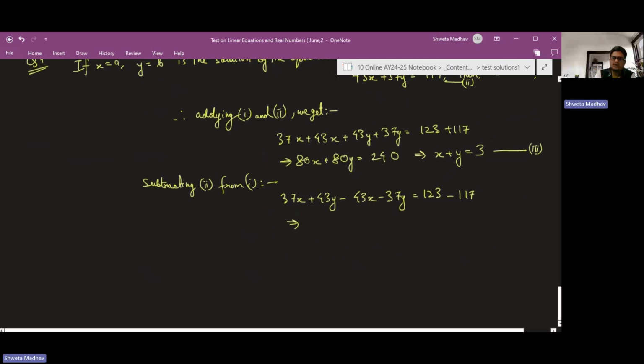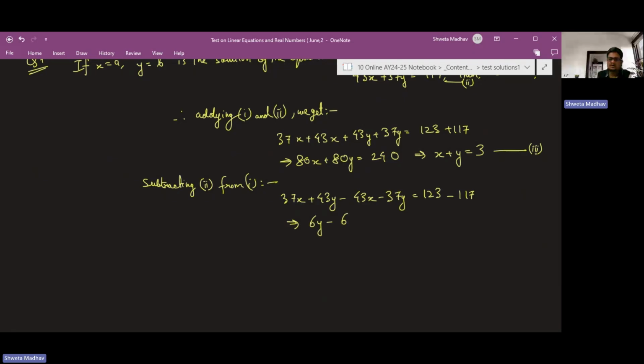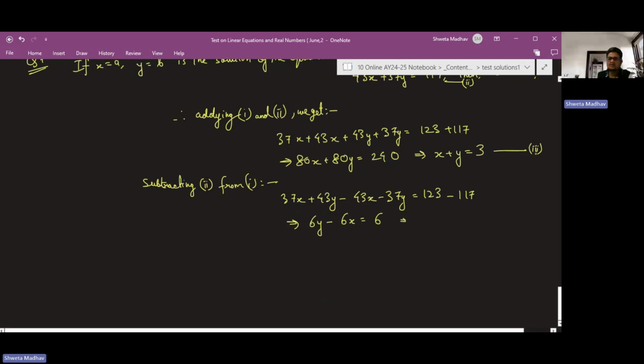So this will be 43y minus 37y, that is 6y, minus 6x, equal to 6. That means y minus x is equal to 1. So this is our equation 4.